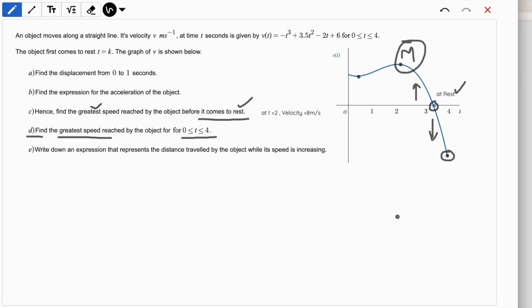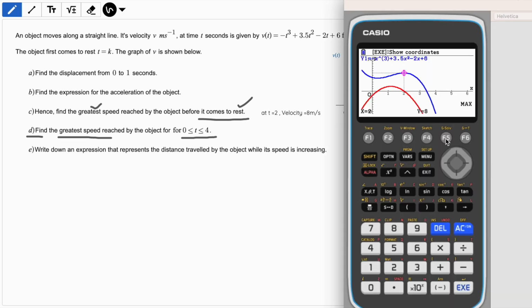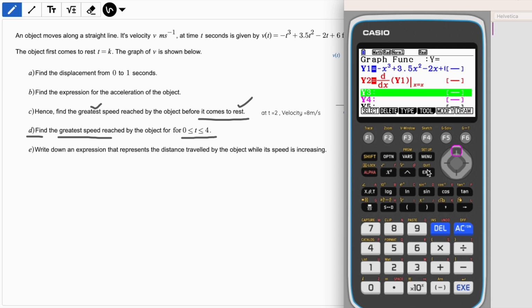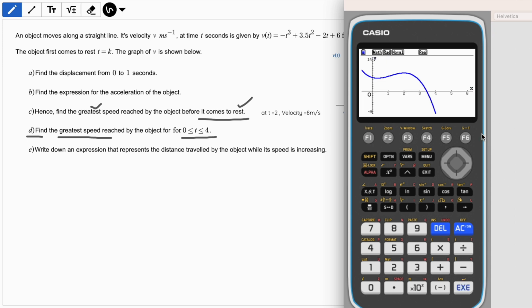So I will find out the velocity at 4. Go to graph, and if you want you can delete the acceleration graph, so that you can avoid confusion. Delete, GSolve, and for y calculate, I need to calculate the velocity at time t, and then I will make its magnitude positive. So I'm going to go to y calculate at 4.